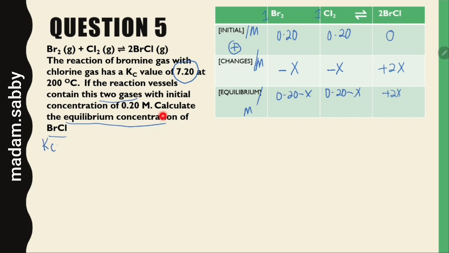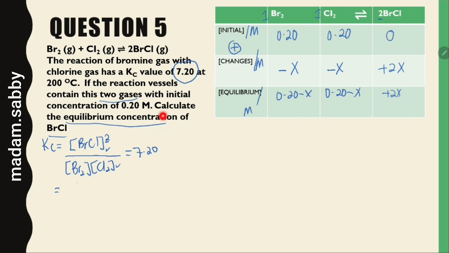So let's write down the Kc expression first, which is [BrCl] squared, where the square comes from the stoichiometric coefficient, over [Br2] and [Cl2], equals 7.20. Now I'm going to substitute the expression with the values given, in terms of x.